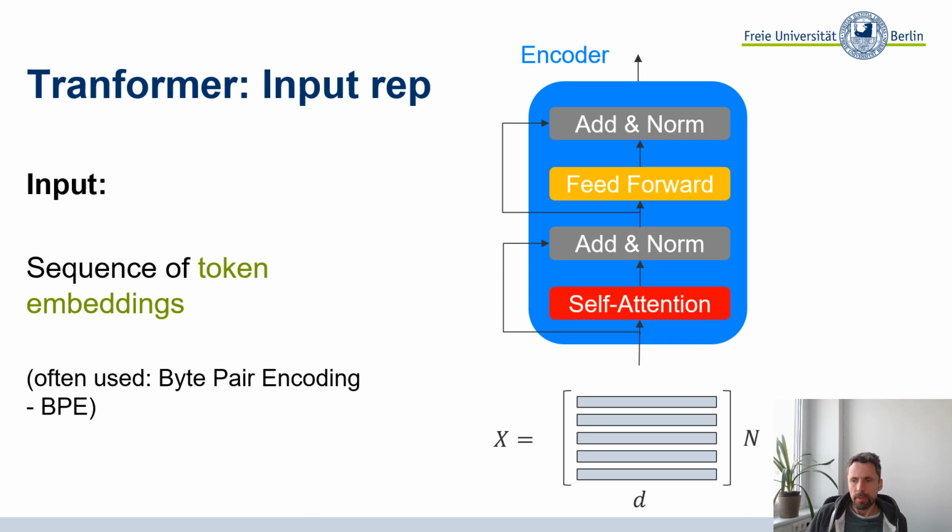Just think of your input tokens as d-dimensional embeddings, okay? And often people use byte pair encodings, so these are subword tokens, and they are arranged along the first dimension. So capital N is the number of tokens in your input sequence. Okay.